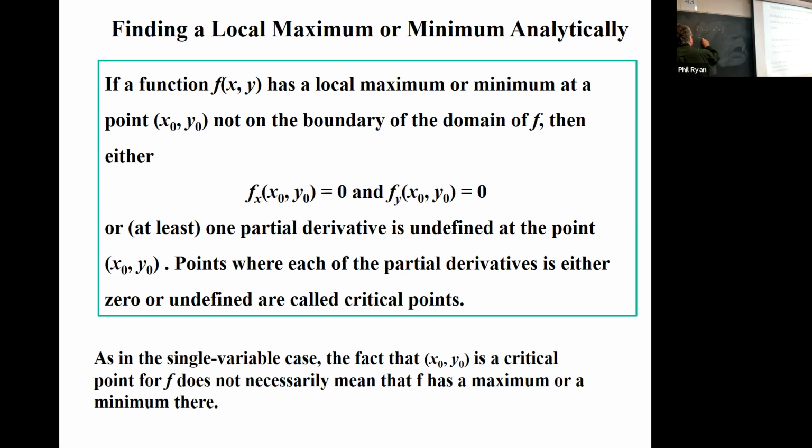So f_x, what's the partial derivative of this with respect to x? It's 2x. We're keeping y constant. When we take the derivative of a constant, what happens to it? It goes away, right?